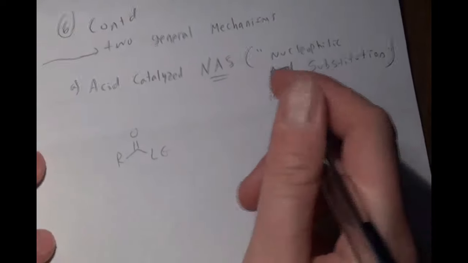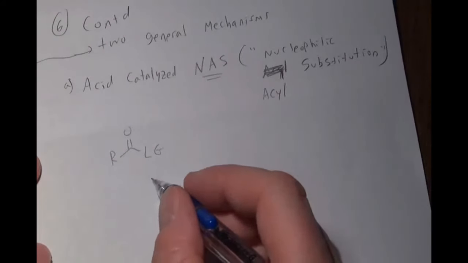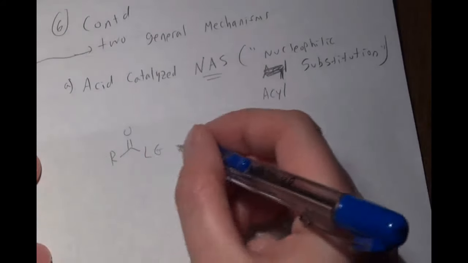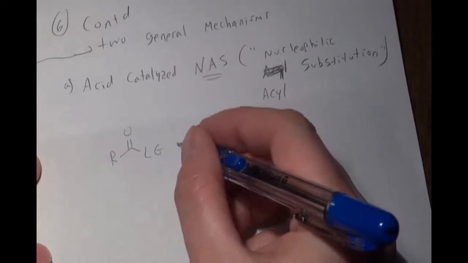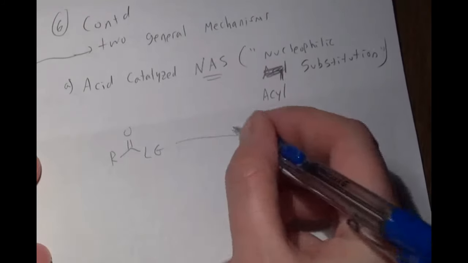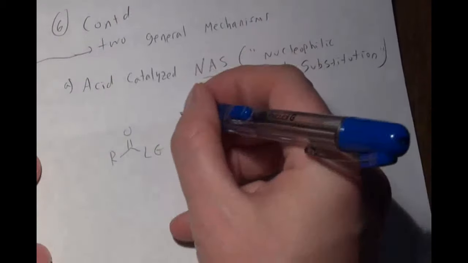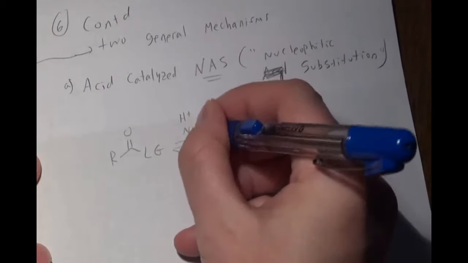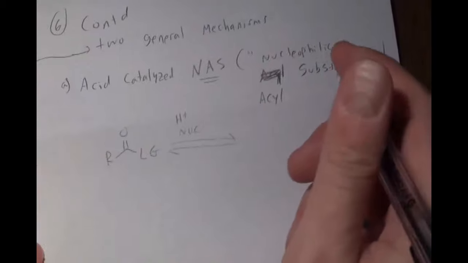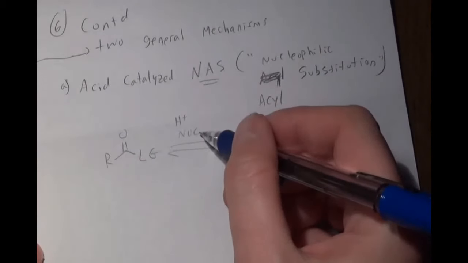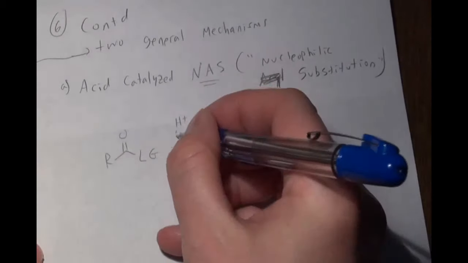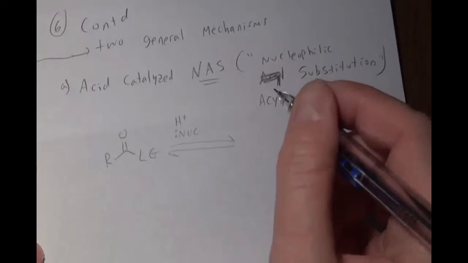Okay, so I have one of these things. It can be any of the ones we just showed. And this is usually going to be reversible. React it with, in very general terms, acid H plus nuke. Okay, that's easy. What do you think the first step of the mechanism is?